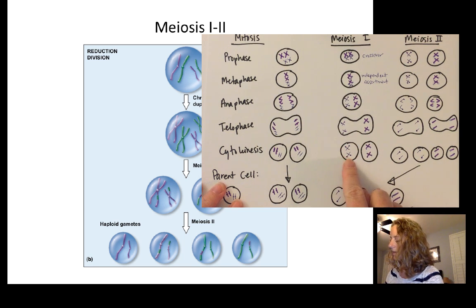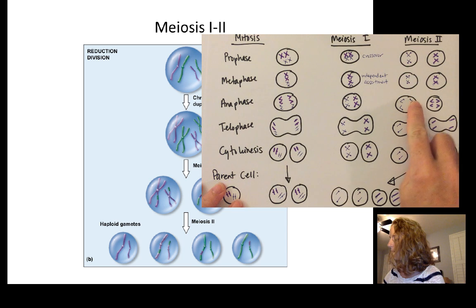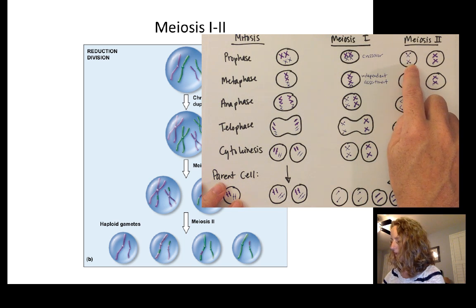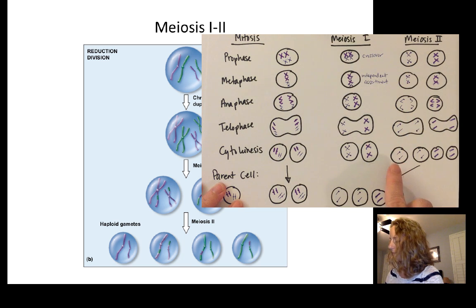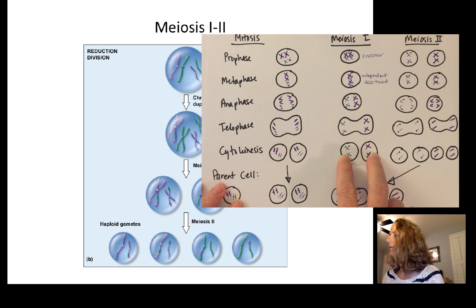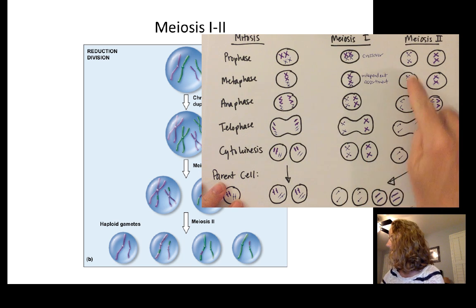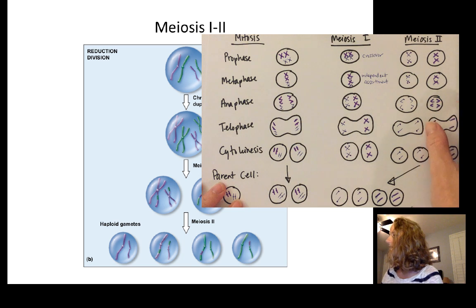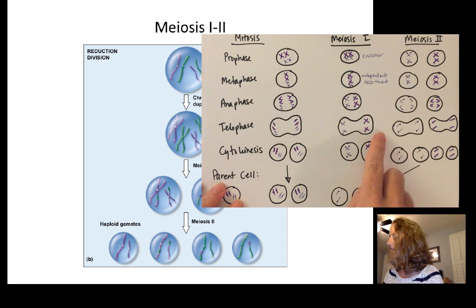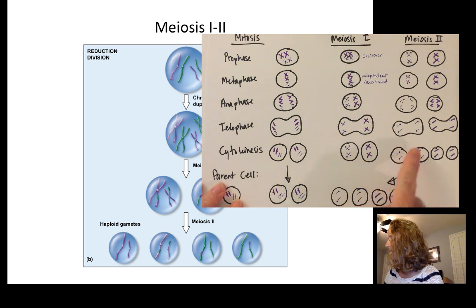And then we will take these same cells from meiosis 1 and divide them up and separate with an extra division without replication beforehand. That will end up with 1, 2, 3, 4 daughter cells now, because we started with 2. And because of that extra round of division and separating chromosomes again, we now only have one copy of each type of chromosome.